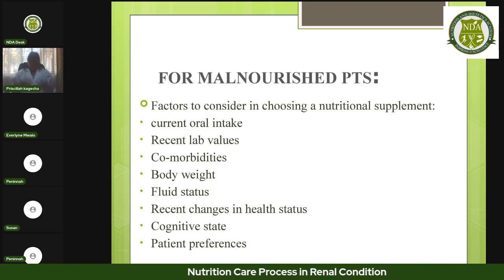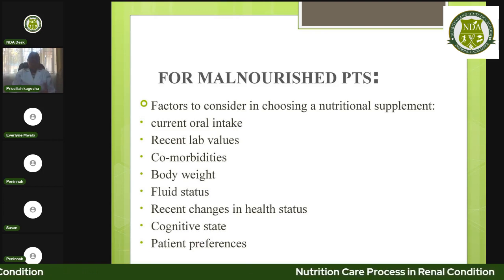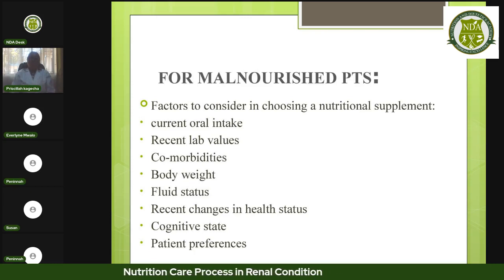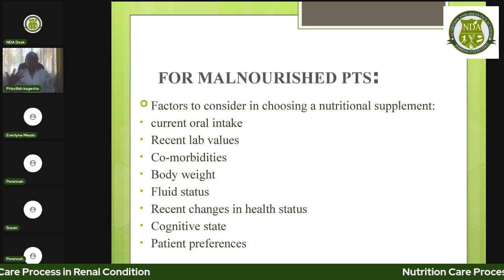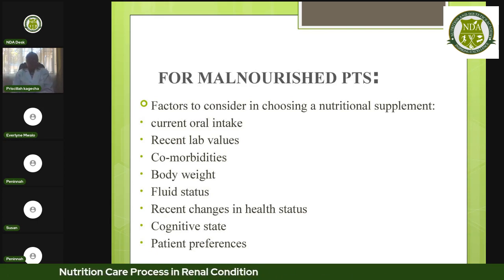So there are several factors that you want to consider. Maybe how is their current oral intake, how are their recent lab values, does the patient have other comorbidities, how is their body weight, their fluid status, the recent change in their health status, and also the patient's preference matters quite a lot.